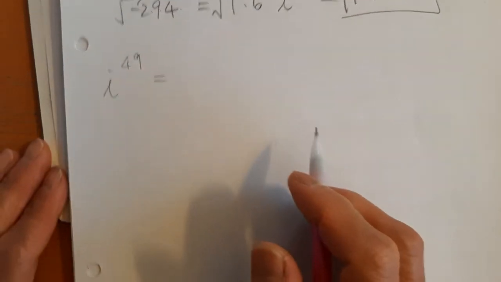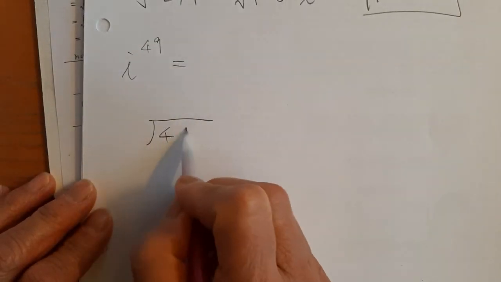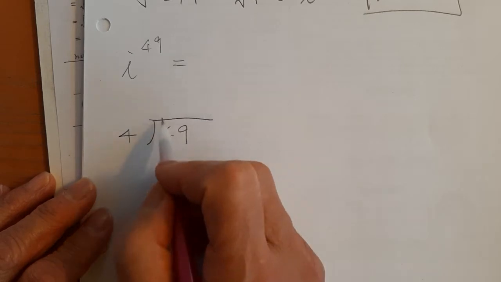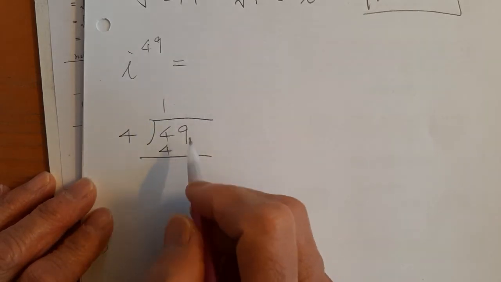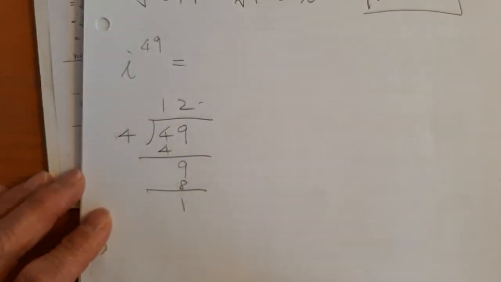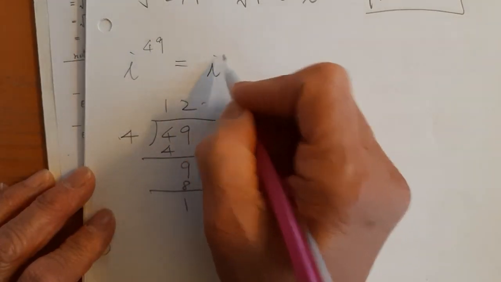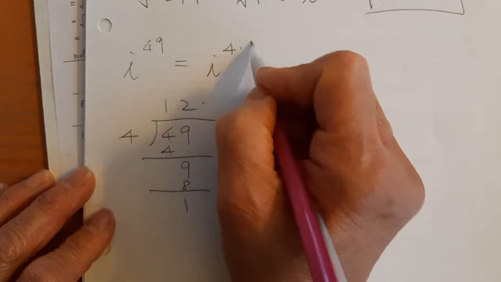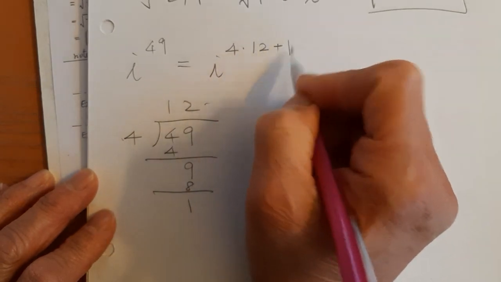First of all, you do 49 divided by 4. You get 12, since 4 times 12 is 48, remainder 1. So 49 is 4 times 12 add 1.